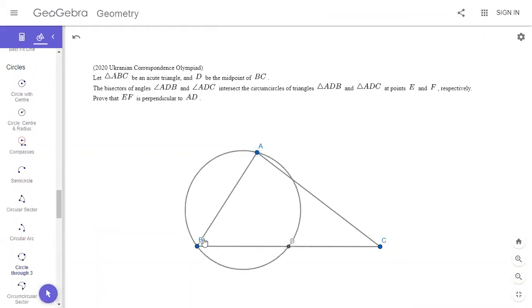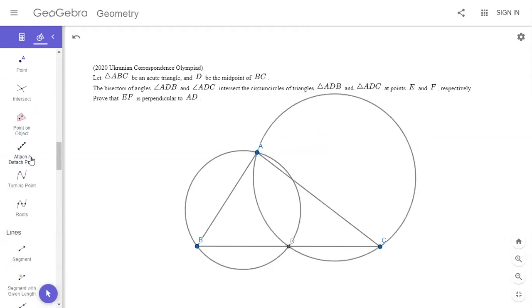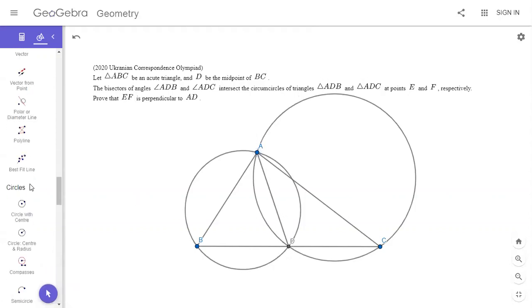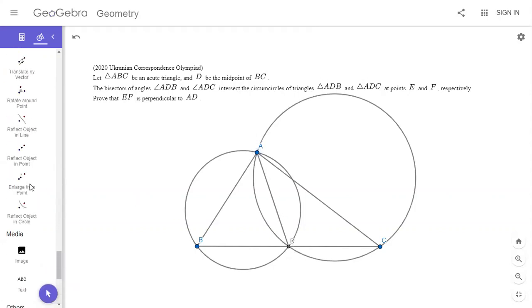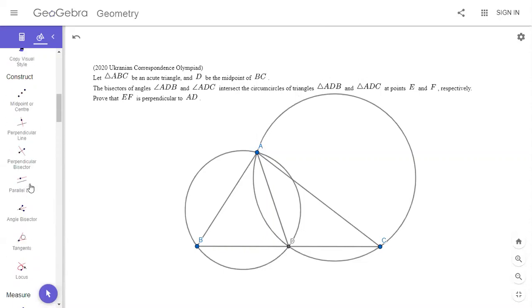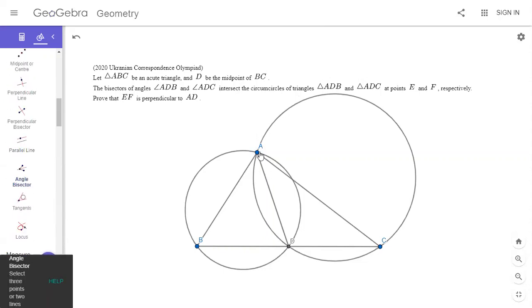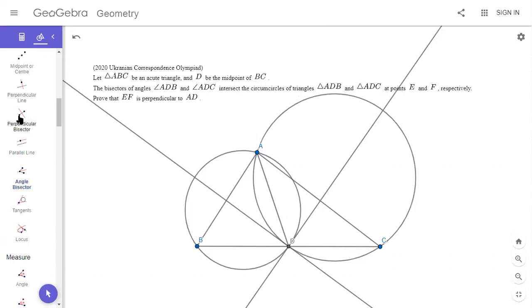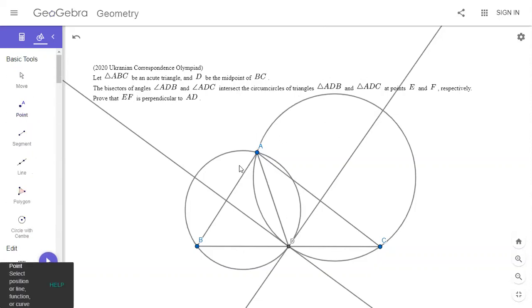Okay, so we draw the circumcircles, and then we draw the angle bisectors at E and F. I wonder if E, A and F are collinear.